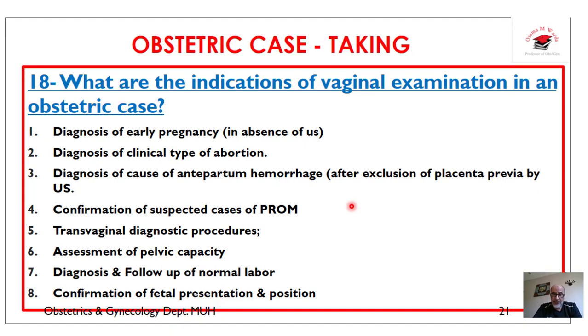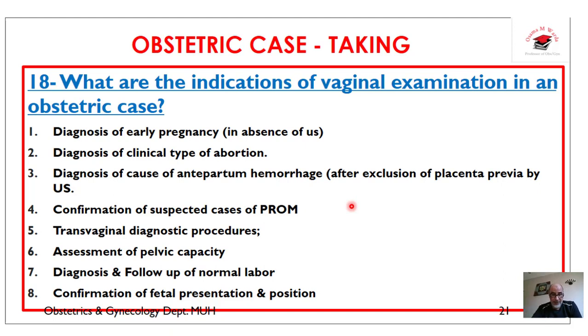Confirmation of fetal presentation by trying to identify the posterior fontanelle, the sagittal suture, and the anterior fontanelle, and the direction of the posterior fontanelle towards the right or left of the patient, and whether anterior, lateral, or posterior.